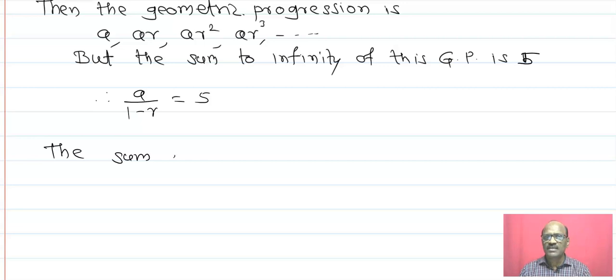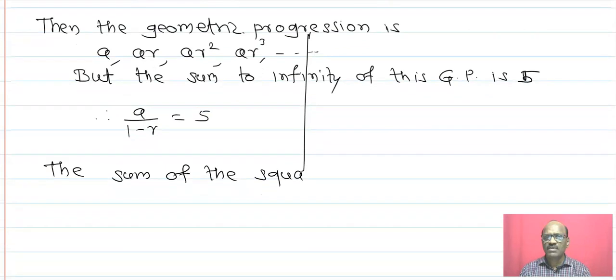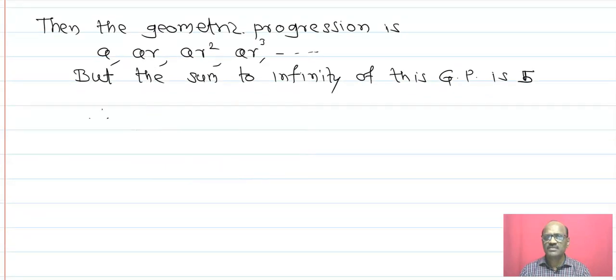The sum of squares a upon 1 minus r is equal to 5.